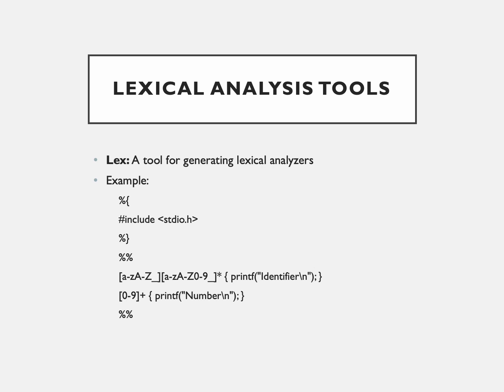It also ensures consistent and error-free tokenization of source code. So by using tools like Lex, developers can focus more on higher level aspects of compiler design while automating repetitive tasks like token recognition.